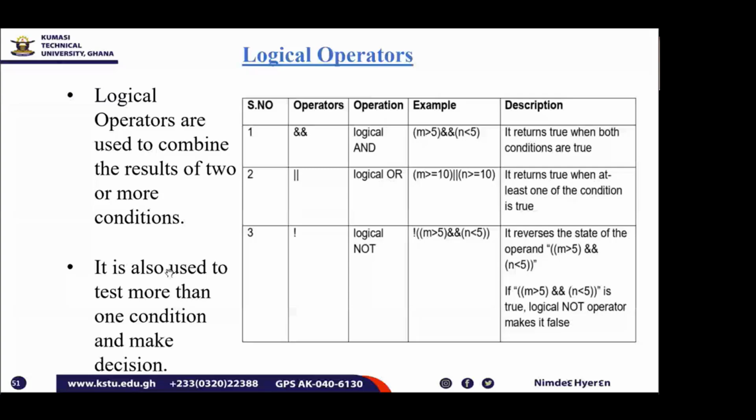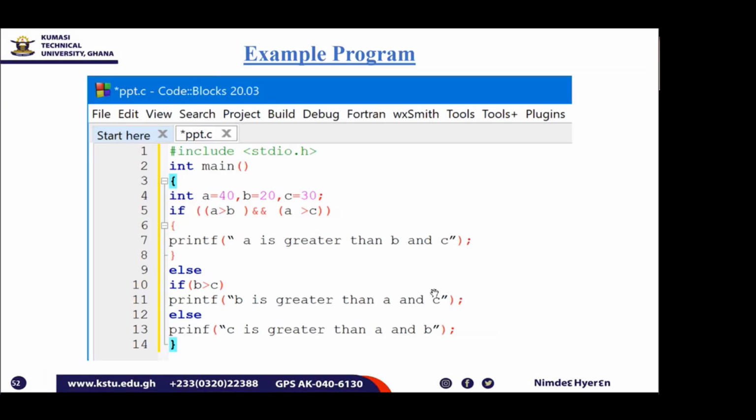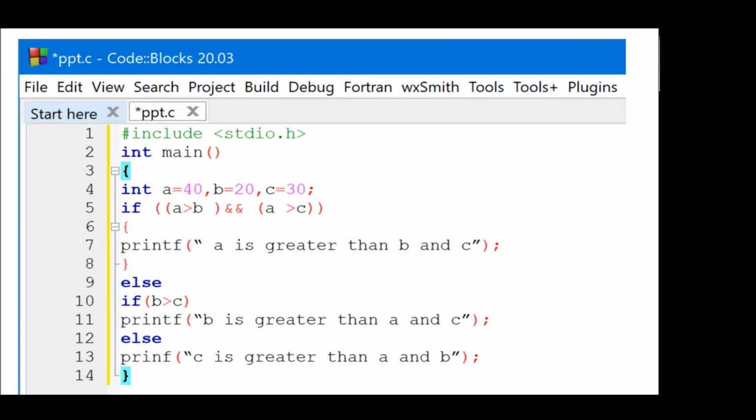So let's look at an example. Integer a equals to 40, integer b 20, integer c 30.